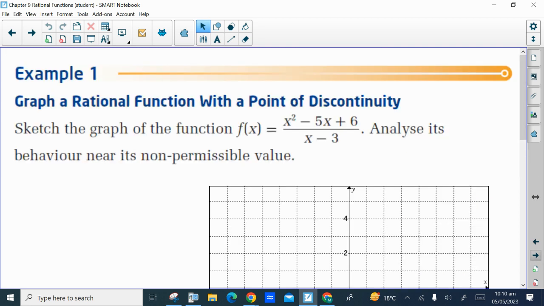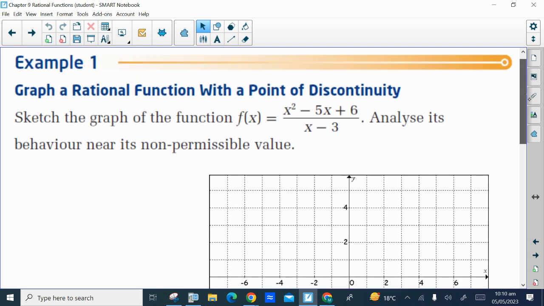So we're asked to graph that function and analyze its behavior near its non-permissible values. So remember that we've seen examples of rational expressions where the degree of the top was less than the bottom. We did lots of those. And when that happened, the x-axis was an asymptote. Y could never equal 0.